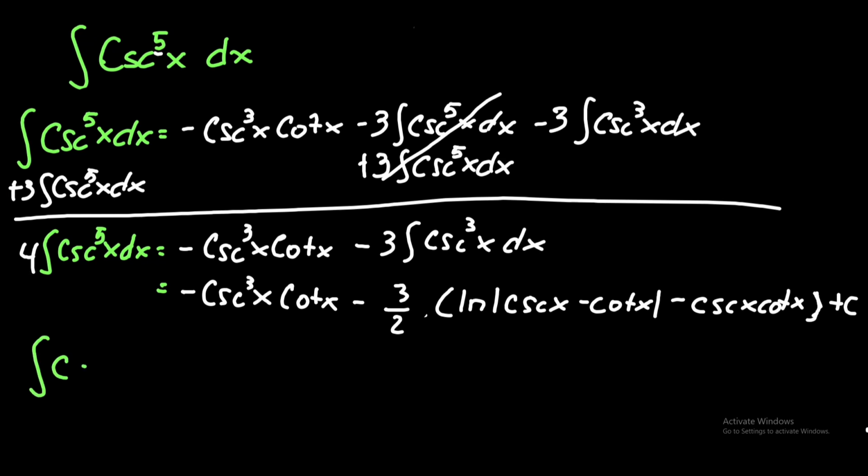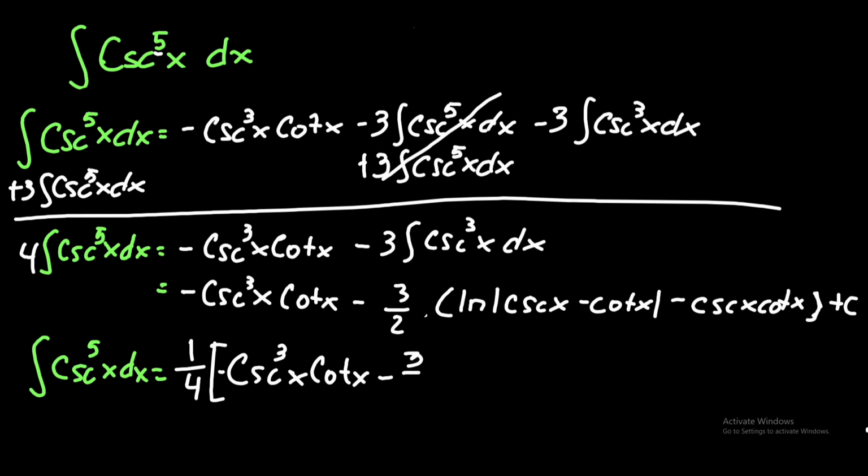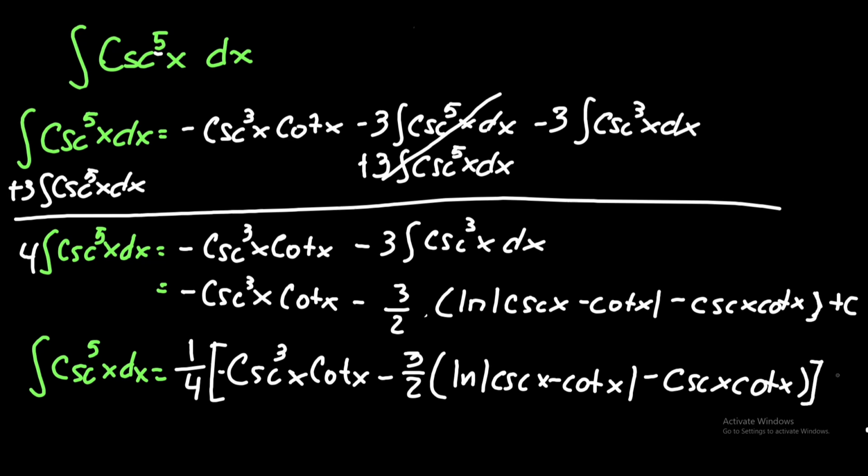And so, the integral of cosecant raised to the power of 5 of x dx would be equal to 1/4 multiplied by cosecant cubed of x, this should be negative, cotangent of x, minus 3/2 of the natural log of cosecant x minus cotangent of x, subtracted by cosecant of x, cotangent of x, plus the constant of integration.